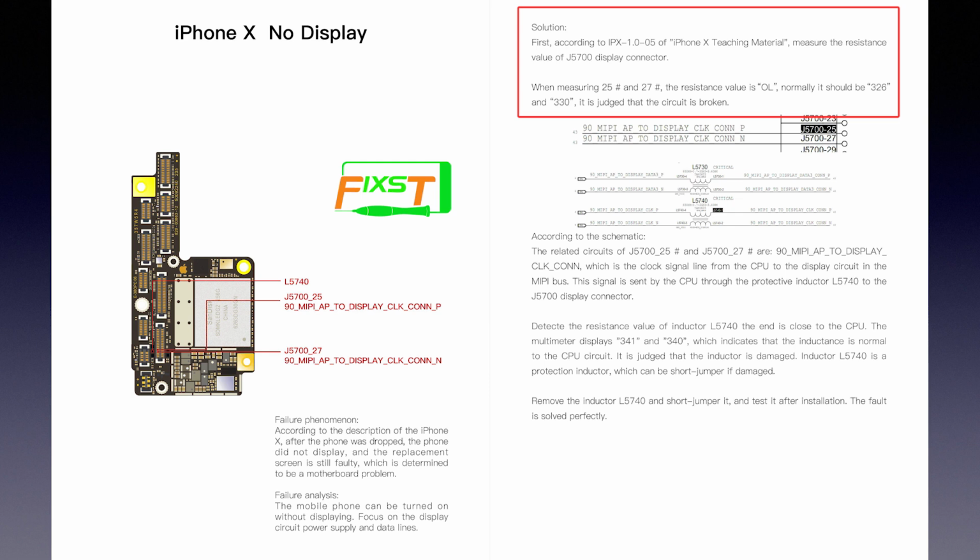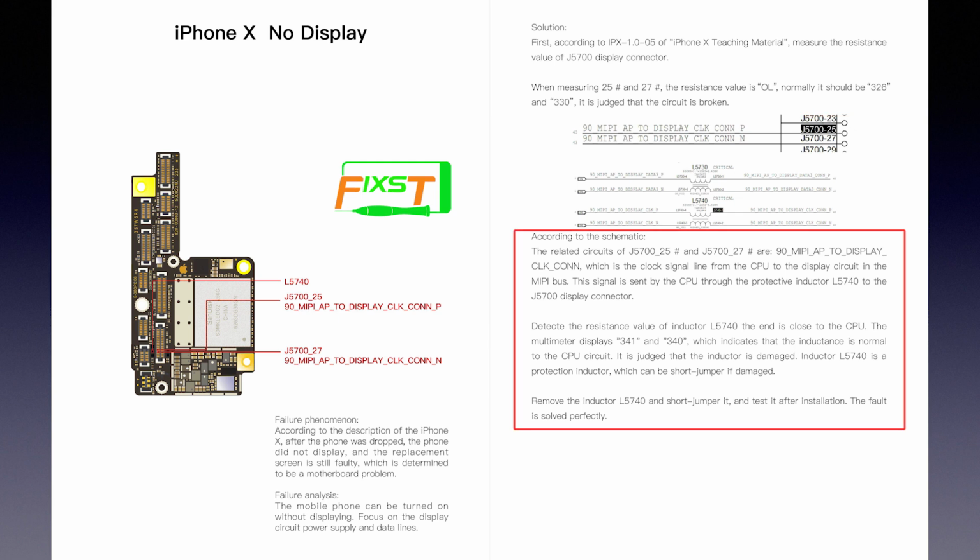It is judged that the circuit is broken. According to the drawing, the related circuits of pin 25 of J5700 and pin 27 of J5700 are 90 MIPI AP2 display CLK-CONN, which is the clock signal line from the CPU to the display circuit in the MIPI lines.